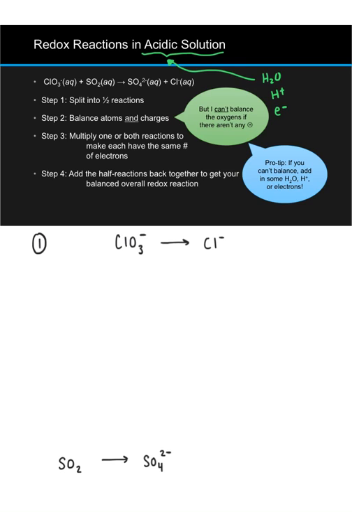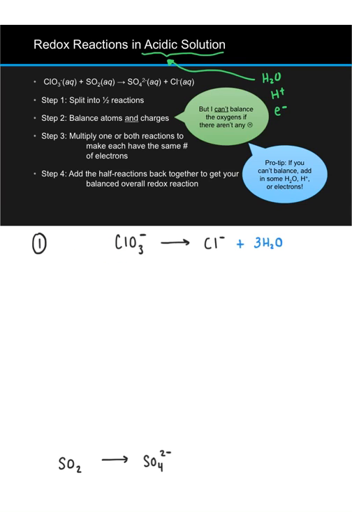We know we have 3 oxygens on the left-hand side. We're going to need 3 oxygens on the right-hand side. We can get those by including 3 water molecules in this half reaction. When we do so, we have balanced chlorine and we have balanced oxygen. But we have also introduced 6 additional hydrogens on this right-hand side, and hydrogen isn't present over on this left-hand side.